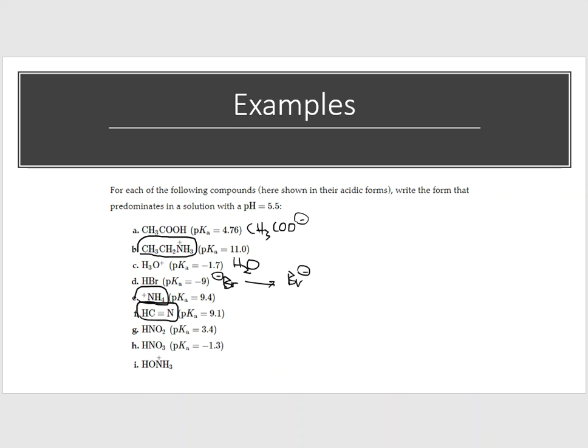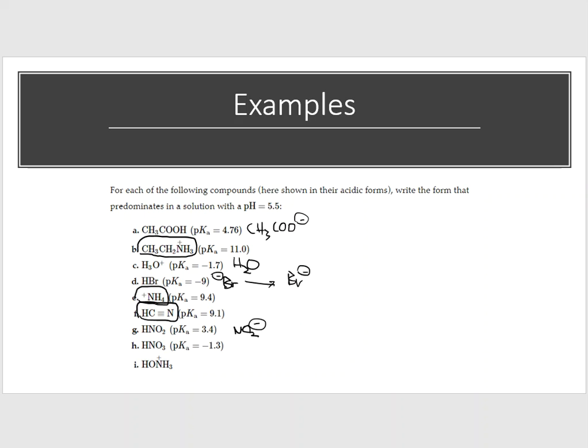HNO2, pKa of 3.4. I'm keeping it unless you go above a 3.4. Well, it is. So it loses the hydrogen, and we have an NO2, and there's a removal of a positive charge, so that is a negative.